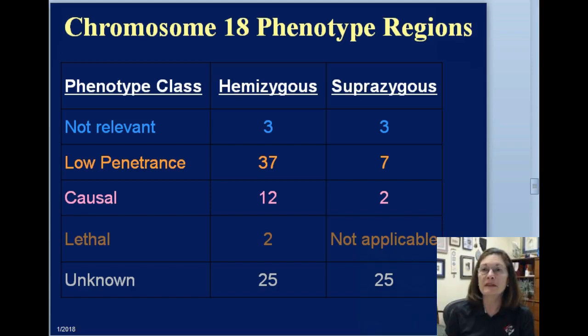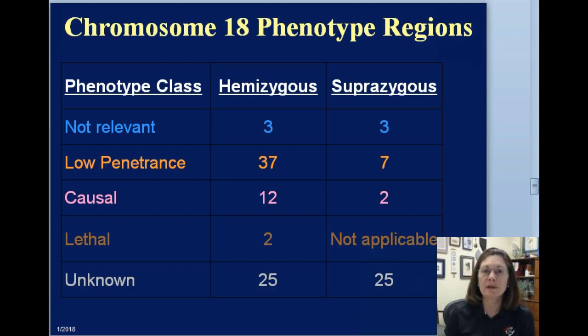And the number of phenotypes associated with deletions, hemizygous or superzygous duplications of chromosome 18 are shown here. There are 3 of each category that we think aren't really relevant at all to having a deletion or the duplication.